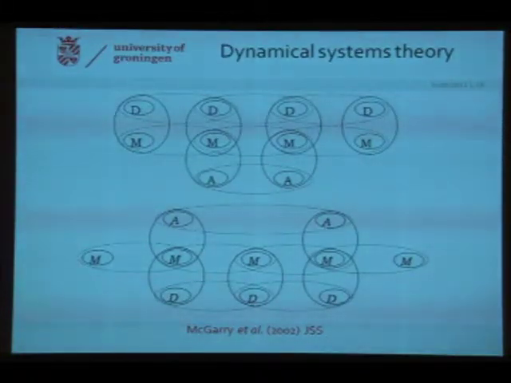Another approach, and this is the approach that I favor most, is dynamical systems theory. McGarry nicely showed how this could be translated into football. Here you see couplings between players. So each player is connected to each player.